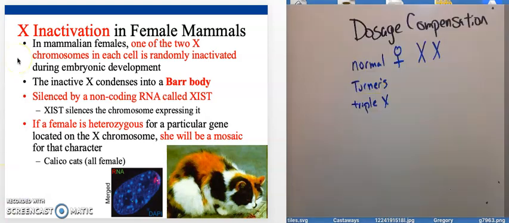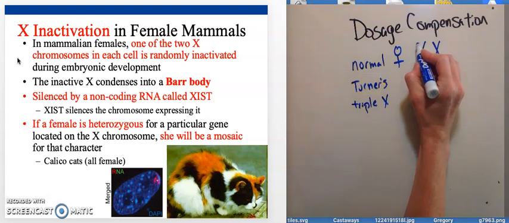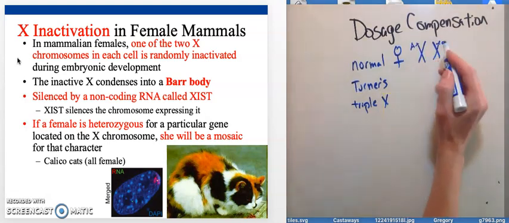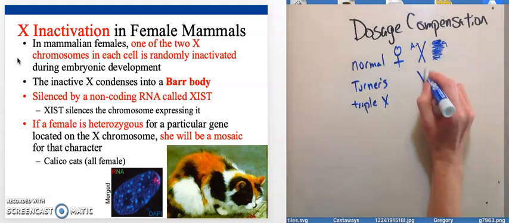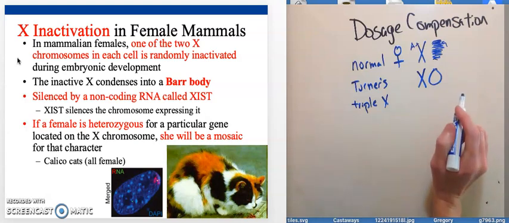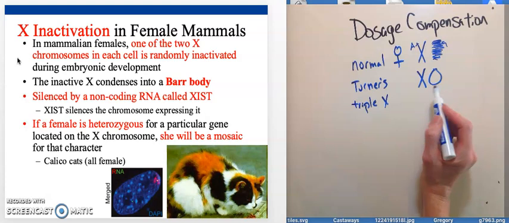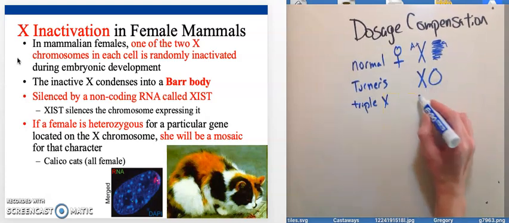So for female mammals, a particular cell is actually only expressing one X chromosome at a time. There's a counting mechanism that makes sure that one X and only one X gets turned off. So it's random which X gets turned off, but whichever one expresses Xist first gets shut off in the normal female. In individuals that are XO, that have just a single X chromosome, no Xist is expressed, and so the single X chromosome is expressed.